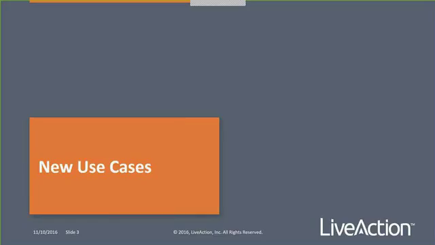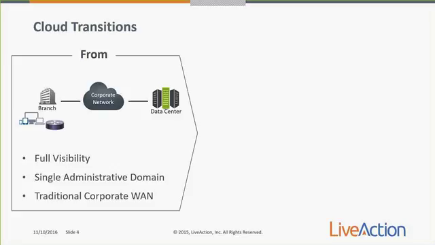So let's look further into some new use cases with LiveNX 6.0. First off, we see that a lot of our customers are moving toward the cloud, being able to deploy SaaS as well as public cloud applications. But traditionally, we typically had full visibility into the entire network. It was only a single administrative domain.